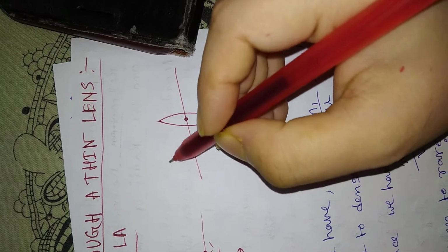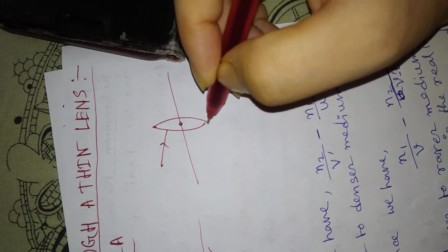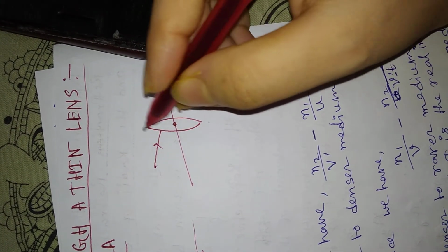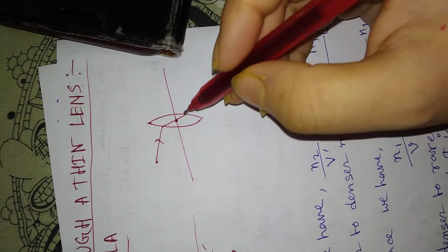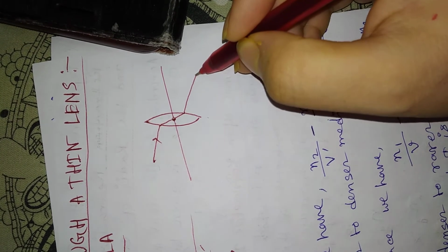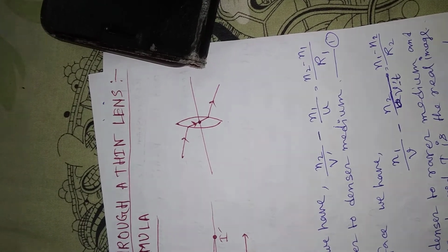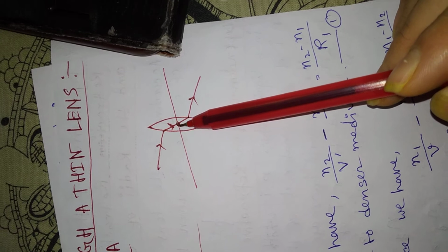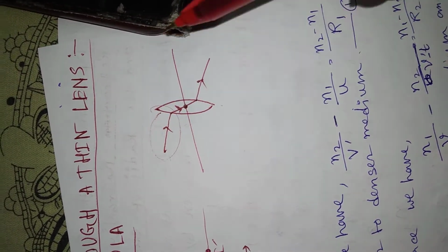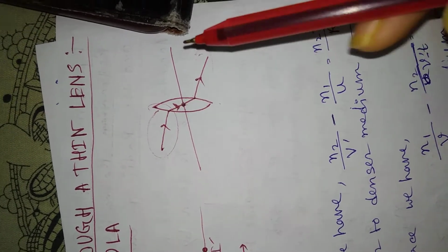Suppose a ray comes along this side, and after refraction by this surface it passes through the O center and is then refracted again, because in a lens refraction is done two times. If the ray passes through the O point, then the incident ray should be parallel to the emergent ray. And this O point is called the optical center.